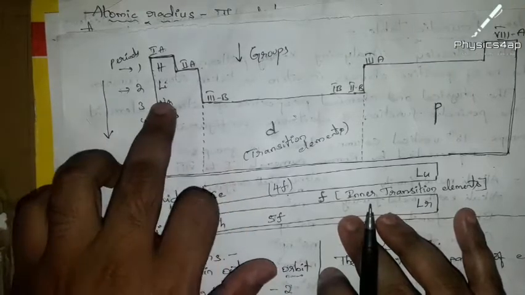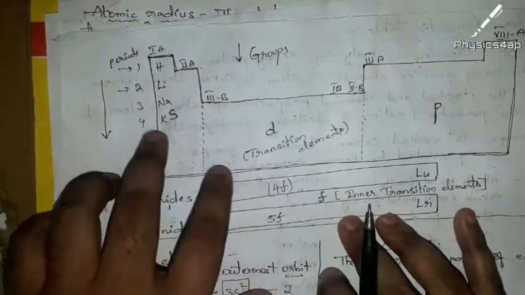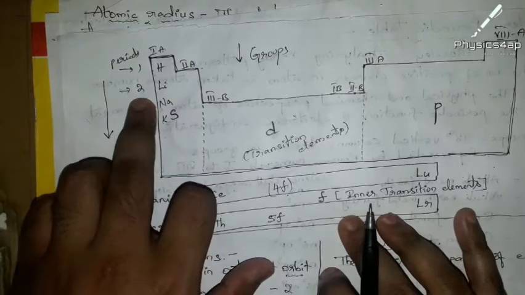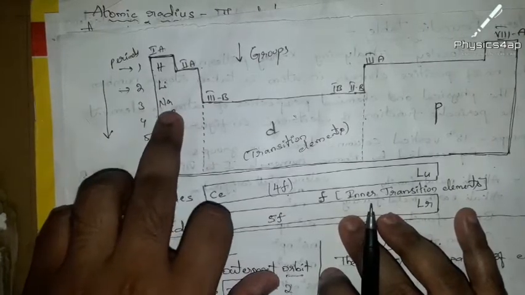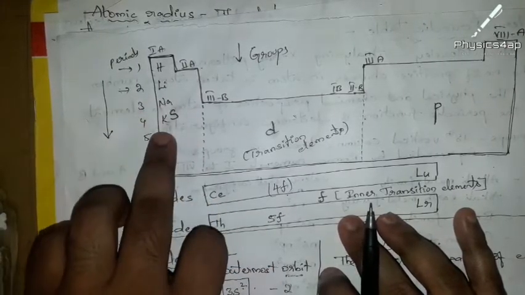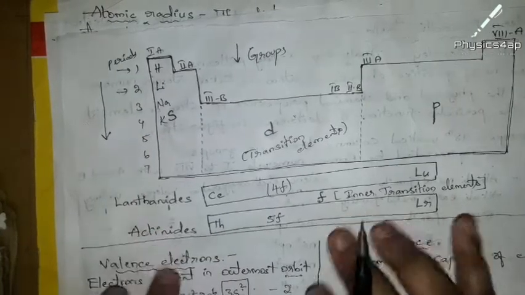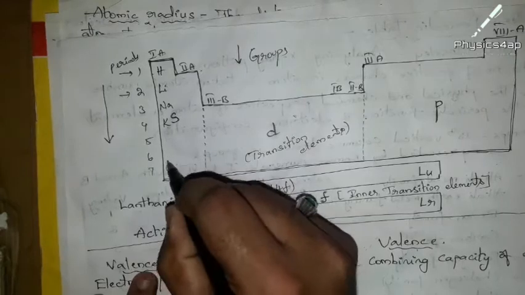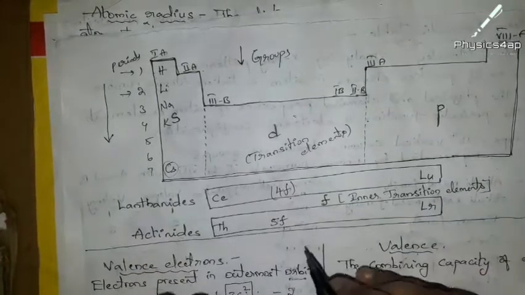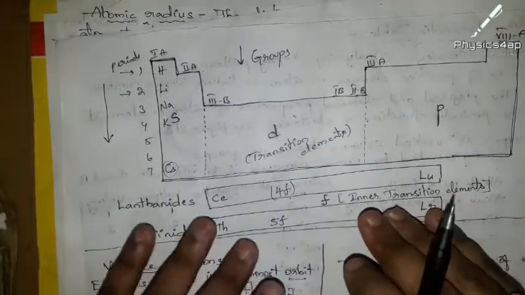Coming to lithium, it has two shells. Sodium has three shells. Potassium has four shells, and so on. Coming to the last, cesium, it has seven shells in its atomic structure.